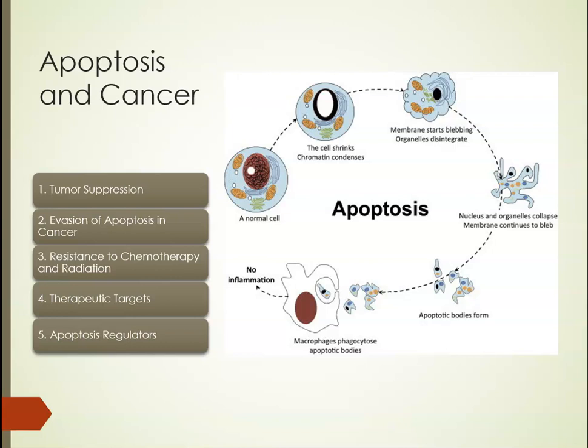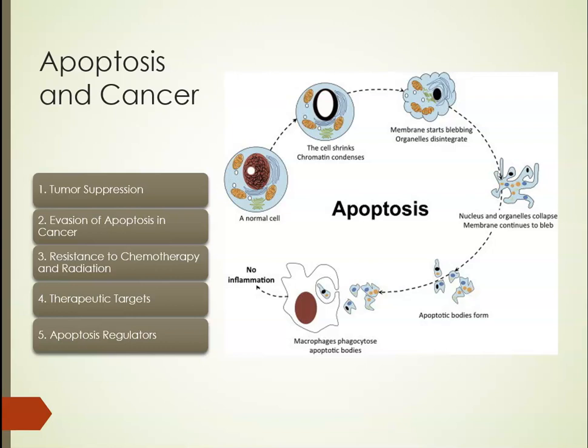If these cells are beyond repair, they initiate apoptosis to eliminate themselves. This process is part of the body's tumor suppression. Apoptosis is in place to prevent tumor growth.